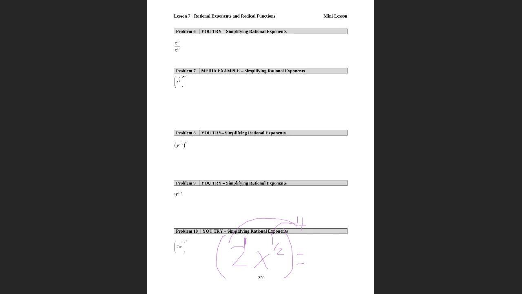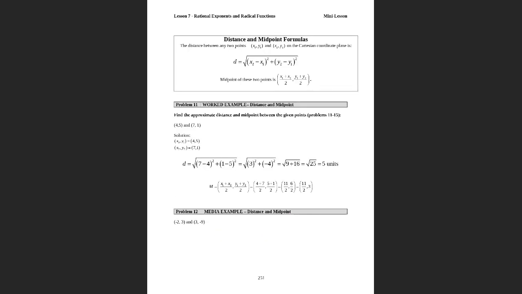So 1 times 4 is 4. What about x to the power 1/2? We have x to the power 1/2 times 4. This is the power rule. 2 goes into itself 1 time, goes into this 2 times. So 1 times 2 is 2. So 2 to the power 4 is 16, and we've got x squared.